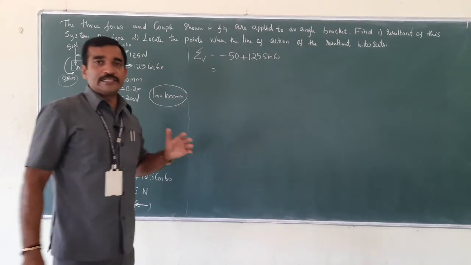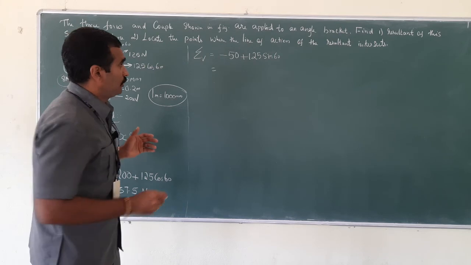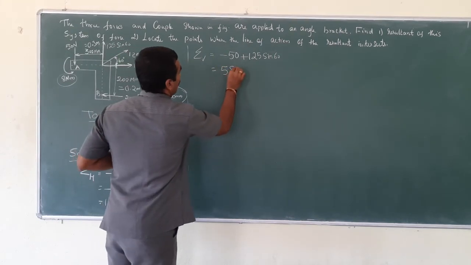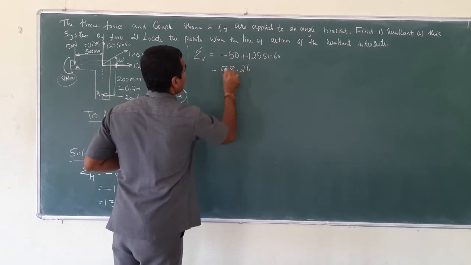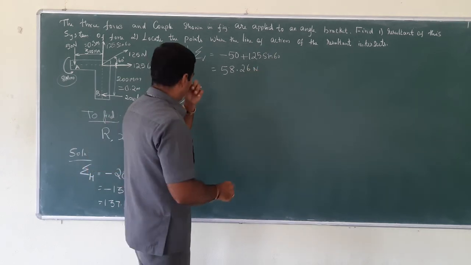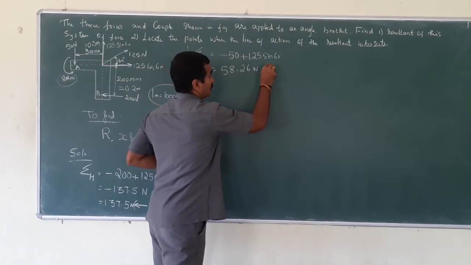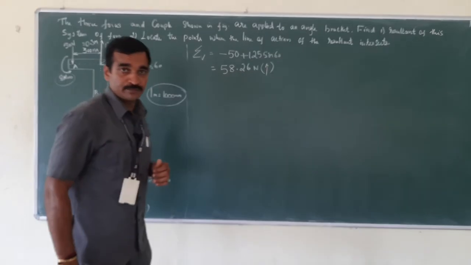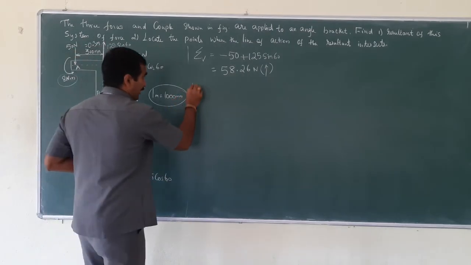If you feed this value in your calculator, you will get roughly 58.26 Newton, which is in the positive direction. Got it?